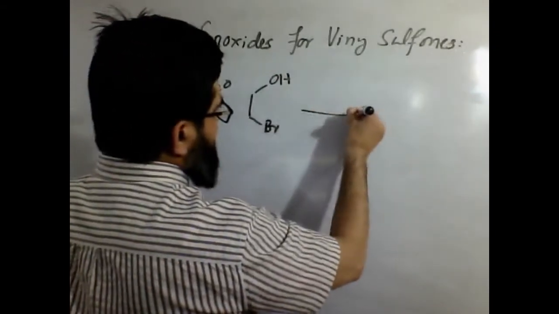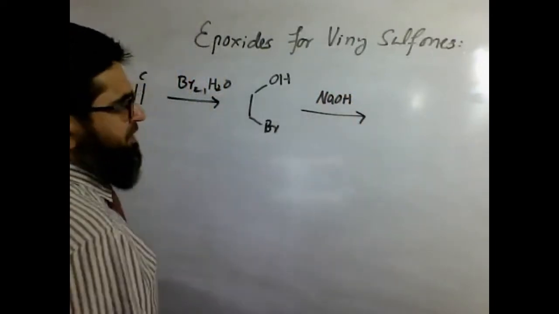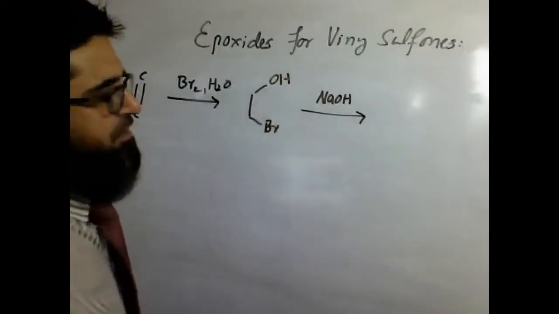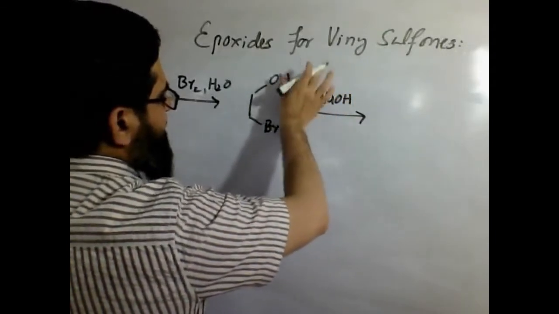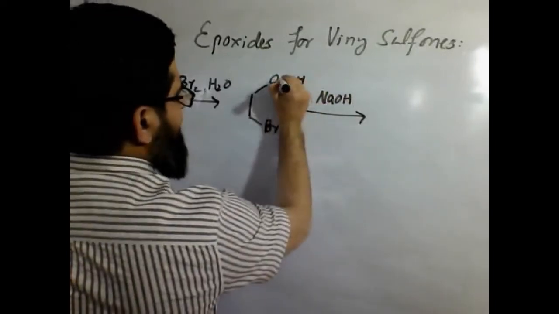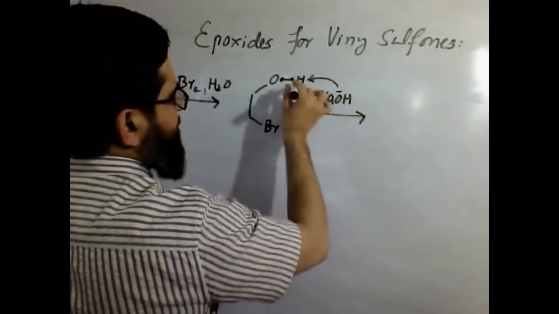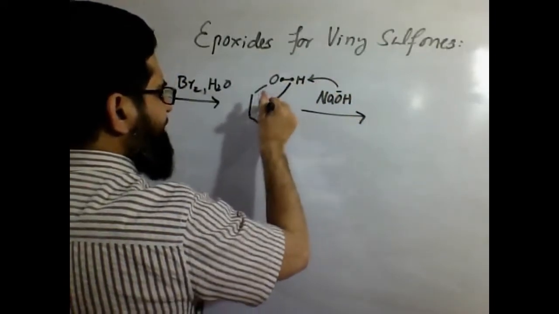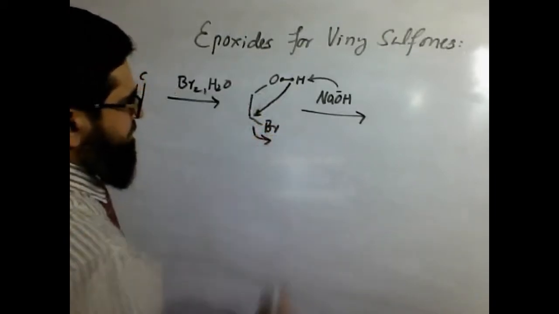Then, the introduction of a strong base like sodium hydroxide abstracts a proton from the hydroxyl group. I can write it this way. Resultantly, the oxygen attacks over there, and this bond moves between oxygen and carbon, kicking the bromo out.